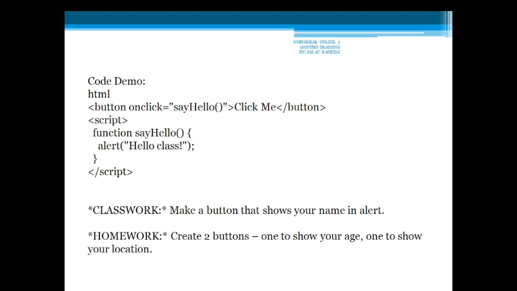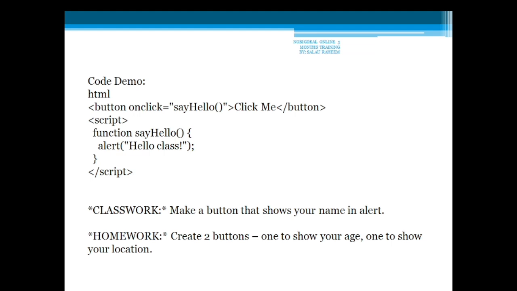Then in the place where they write click me, you say say my name. Then you create your own function with the name you provide under onclick. Then you alert your name, depending on what you want to alert.